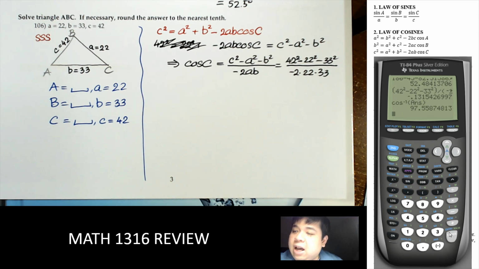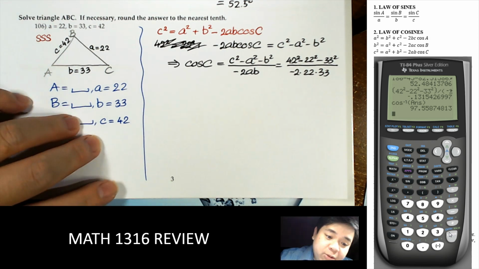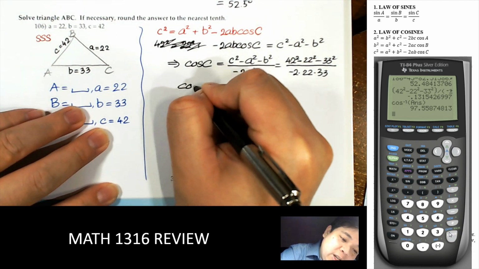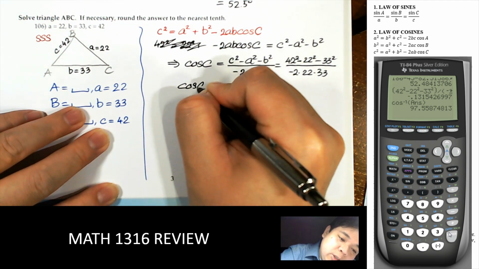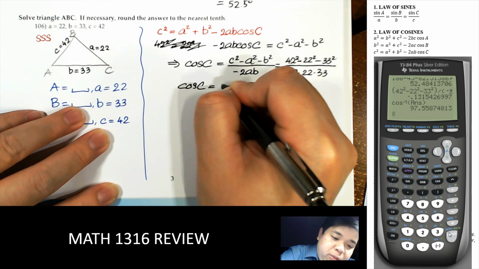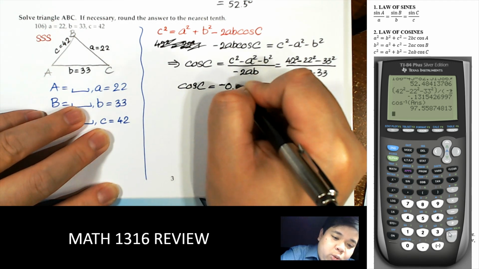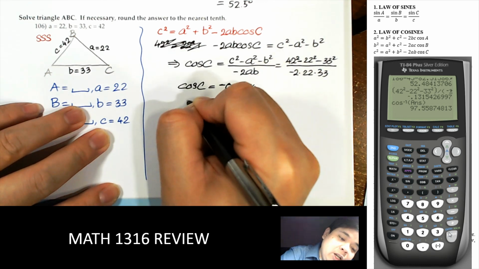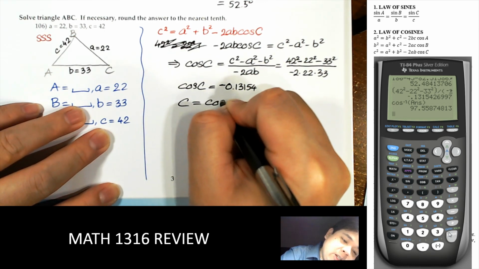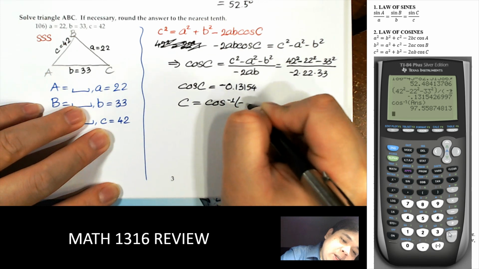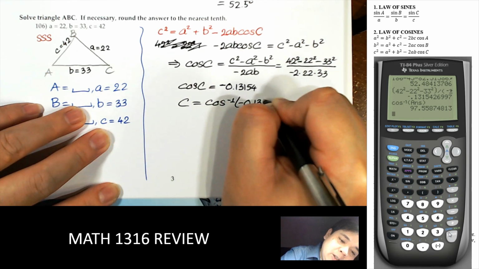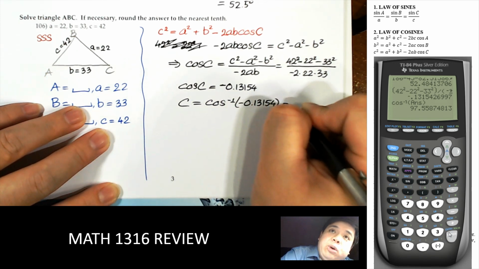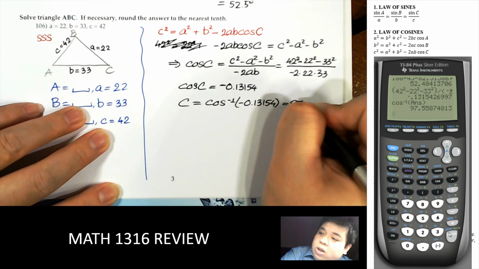Let me just write it out first. So cosine of C is equal to negative 0.13154 something. So C equals cosine inverse, and we have 97.6 degrees.